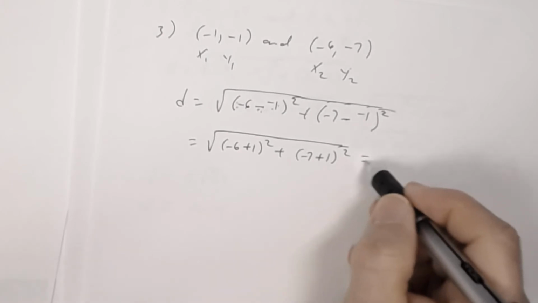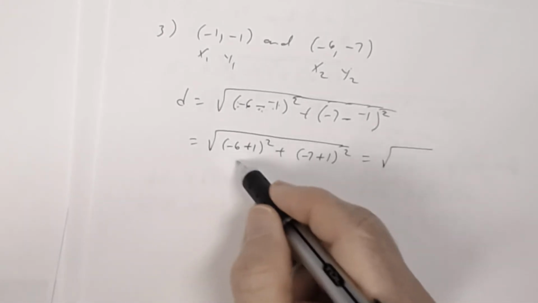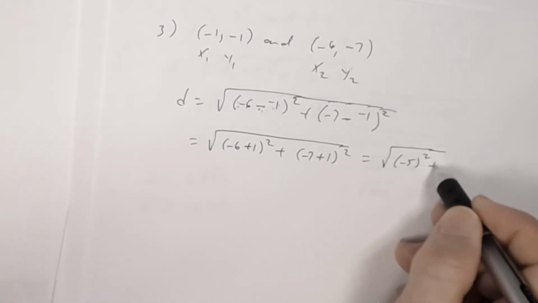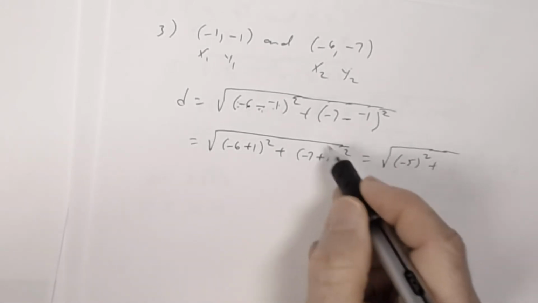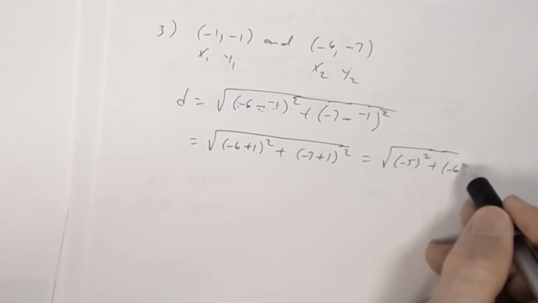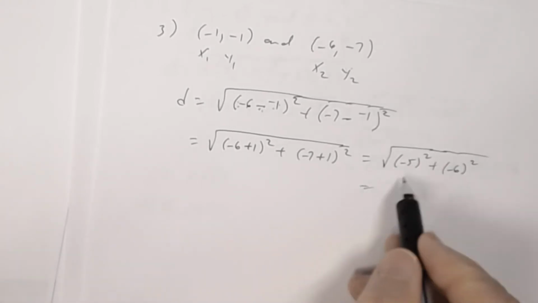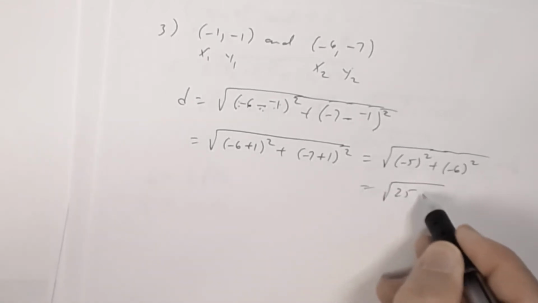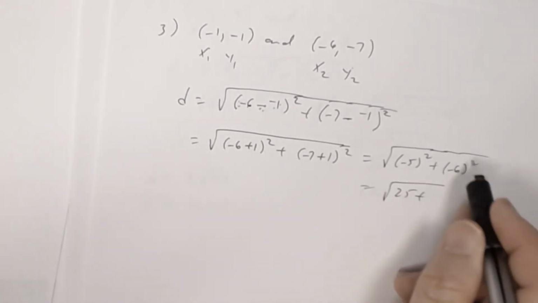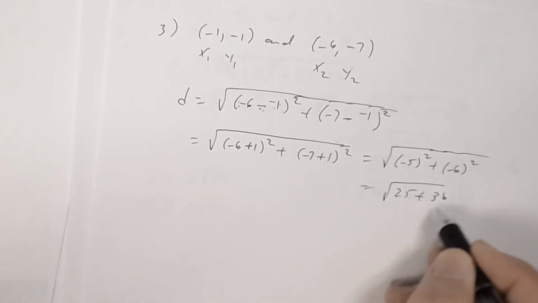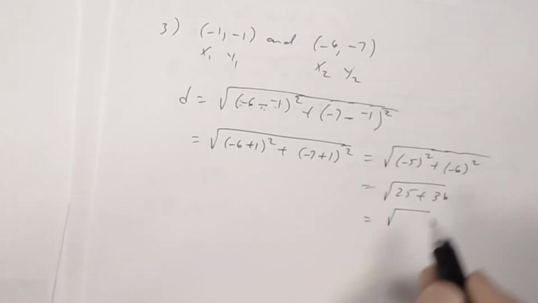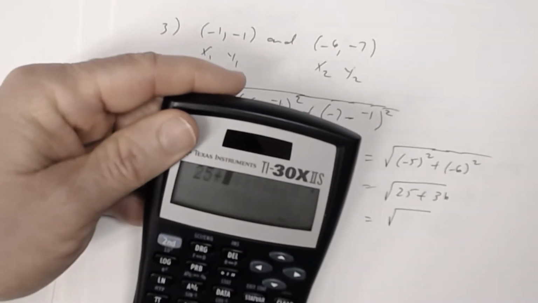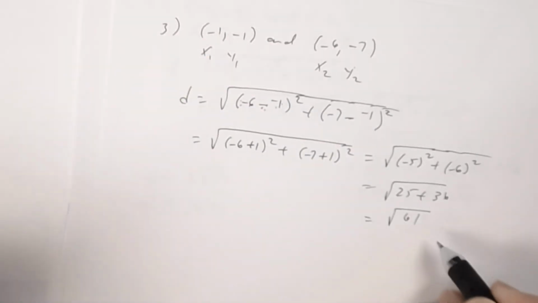Okay, so then that becomes -6 plus 1 is a -5, so that's a -5 squared, plus -7 plus 1 is a -6, so that's a -6 squared. And then we go ahead a little bit further. -5 times itself is 25, so you get the square root of 25, plus -6 times a -6 is 36. Add them up, and we got to add them up. So you're going to say 25 plus 36 is 61.